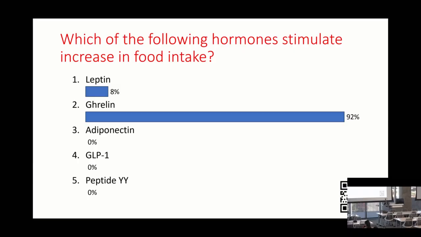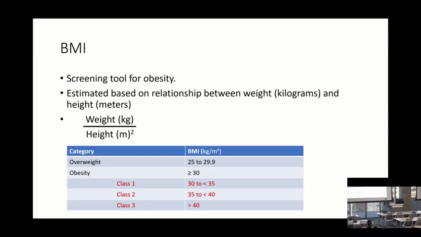Okay. So BMI is used for screening for obesity. It's estimated based on relationship between the weight and height. So for your height, the ideal weight is X. So depending on how much weight an individual has for their height, then that will be what will determine their BMI. These are the categories below.